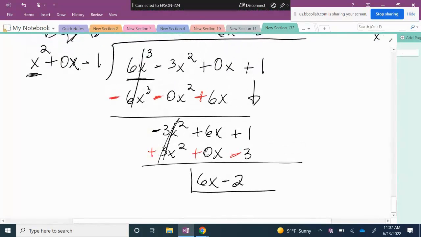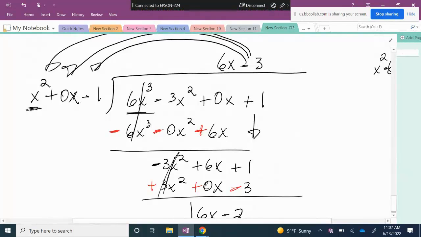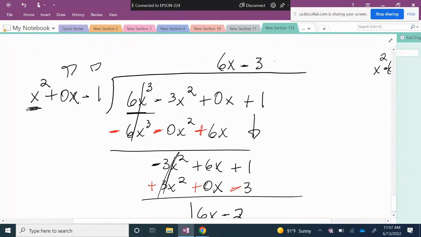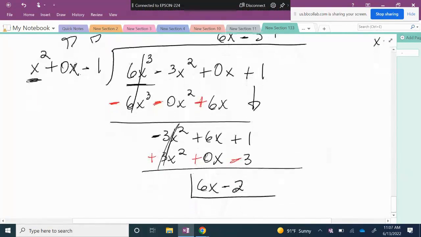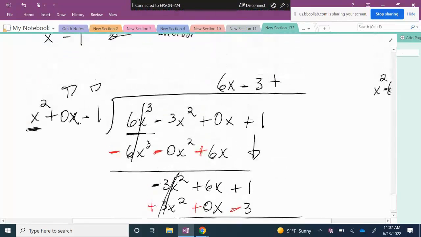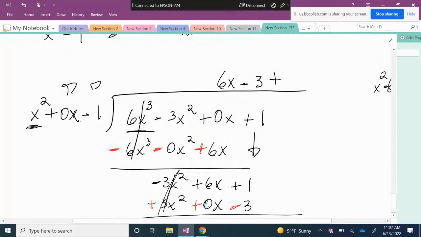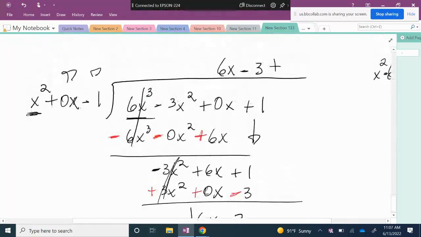Right. So I'm going to take the remainder, which is 6x minus 2. And since the sign is positive, I'm just going to denote the remainder with either positive or negative based on the sign. So I have plus 6x minus 2 over x squared minus 1.